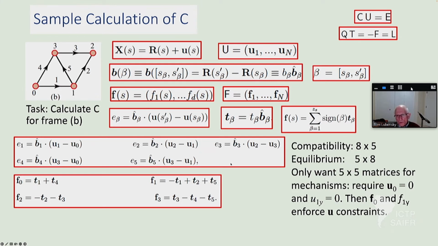That reduces us to 5x5 matrices. We've got all of these things written out here. T beta is the magnitude of the tension times the unit vector in the direction of bond beta, so this is a bond property. e beta is the unit vector along the bond times the difference in the displacements of the two ends.